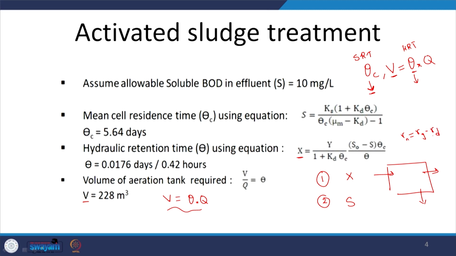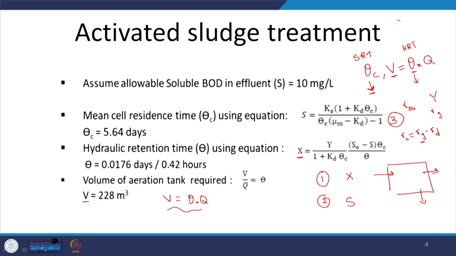We can also understand the rate of substrate utilization in terms of Y and the rate of growth of the microbes. So, these were the 1, 2 and 3, the equations we played around with.